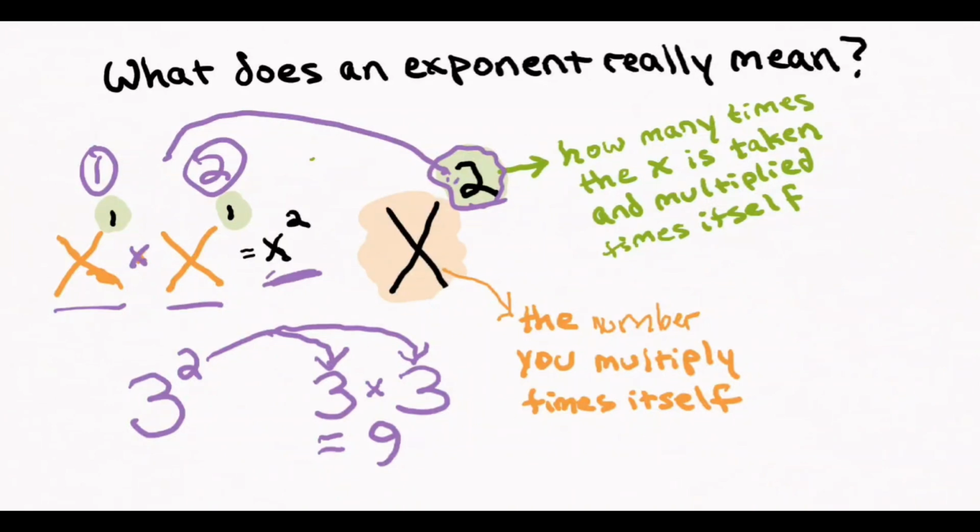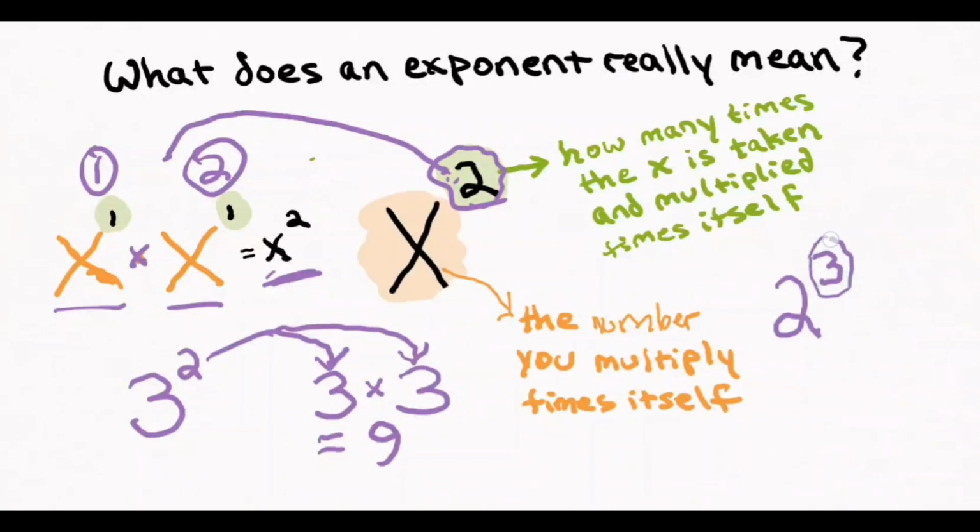Now let's do a different exponent. Let's say we have 4 to the power of, well, that's going to be too big for me to do off the top of my head, so let's say we have 2 to the power of 3.